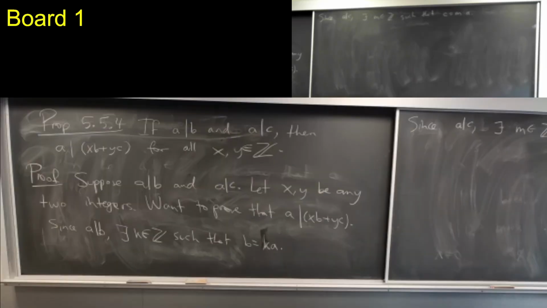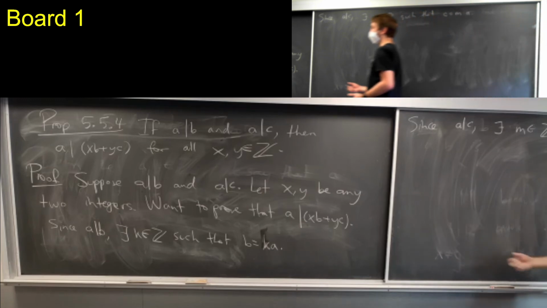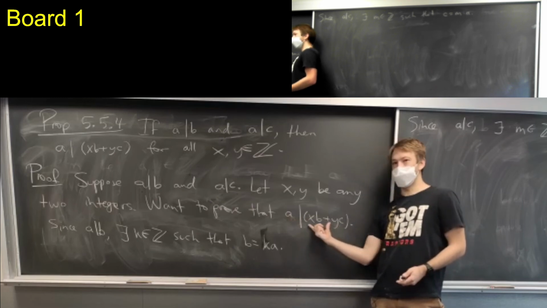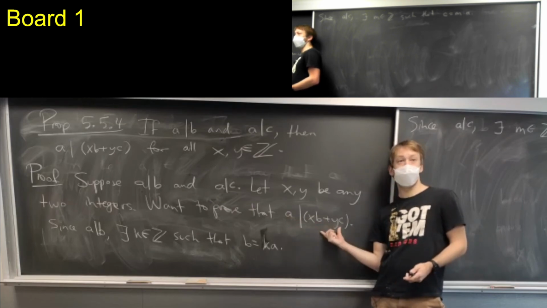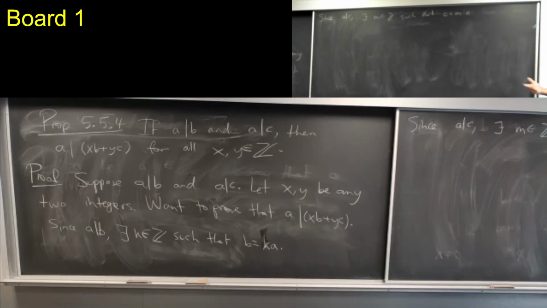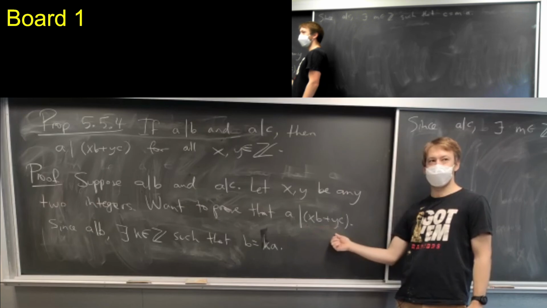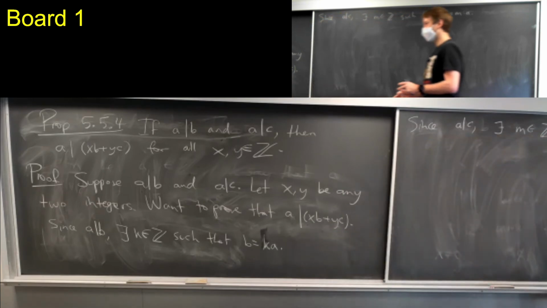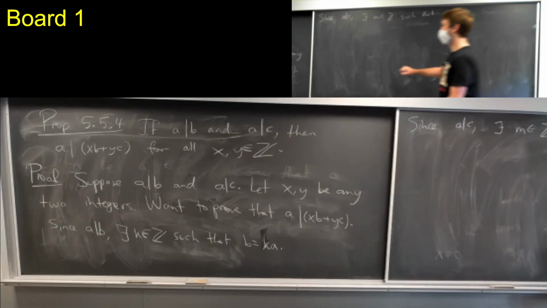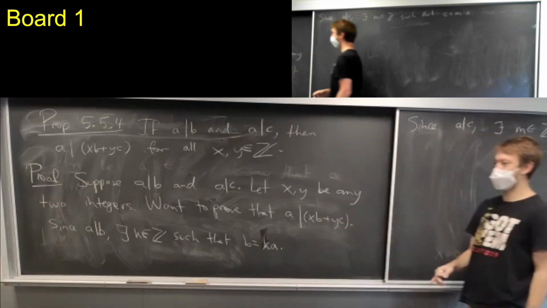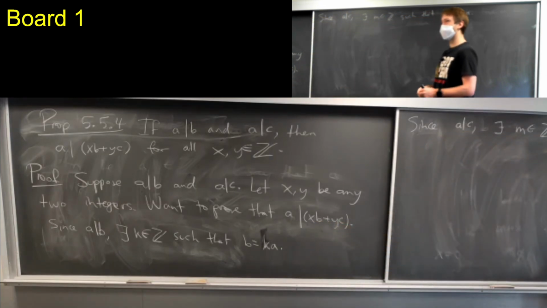Okay, now what? We always have to remember where we're trying to get to, right? We're trying to get some information about a dividing this thing. So how am I going to get that information? Essentially we're going to plug things into this. So we want to have our xb and yc, and plug in these values for them.